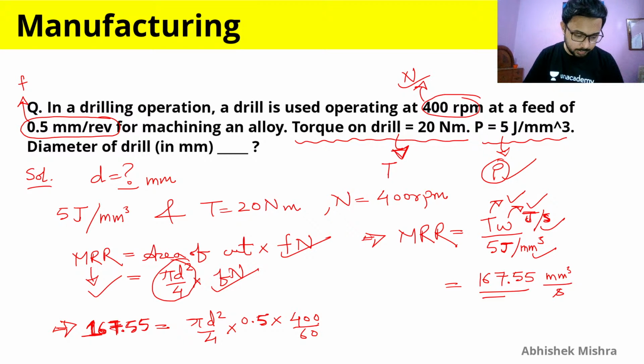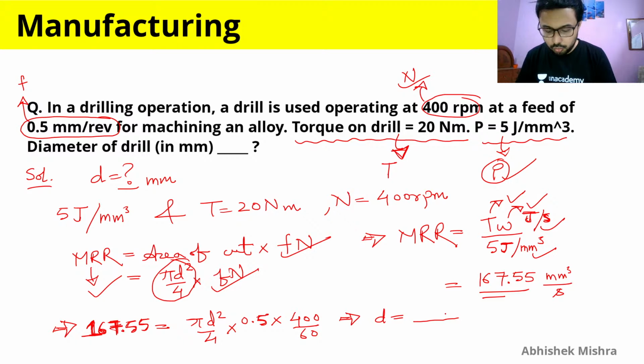So we can find our final answer, that is the diameter of the drill. Let me just check it out. Let me just check T into omega.